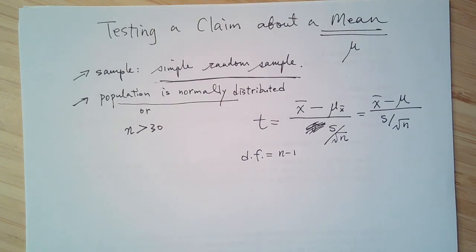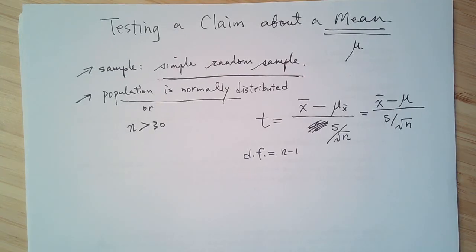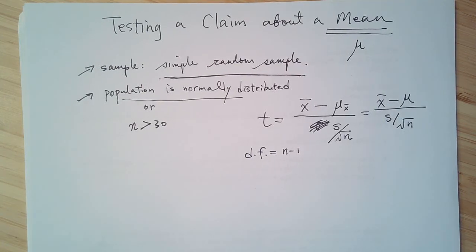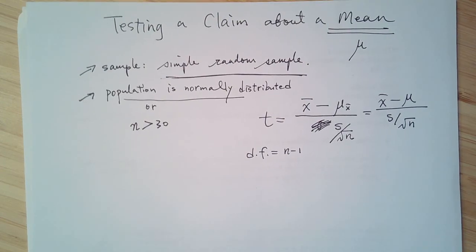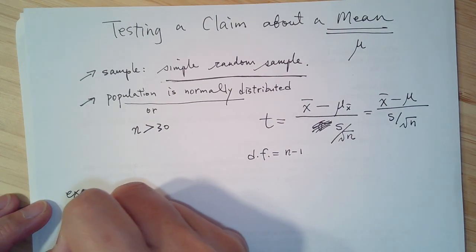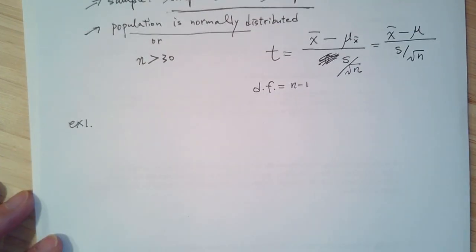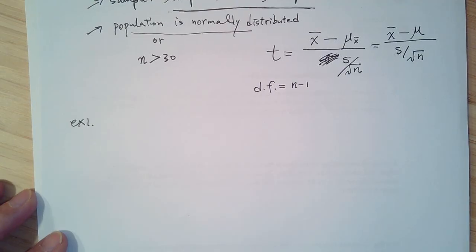All right. Now, let's look at the example here. I'm going to use this example to show how to do hypothesis testing for a population mean.